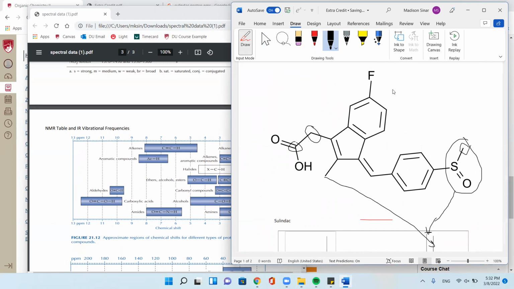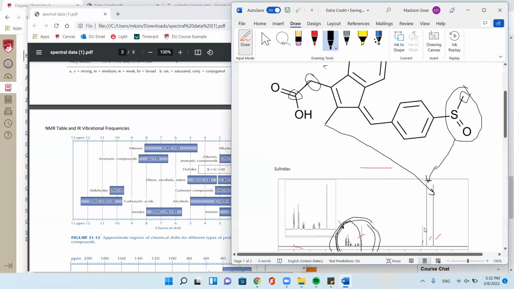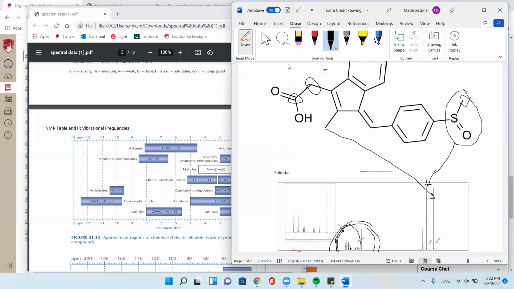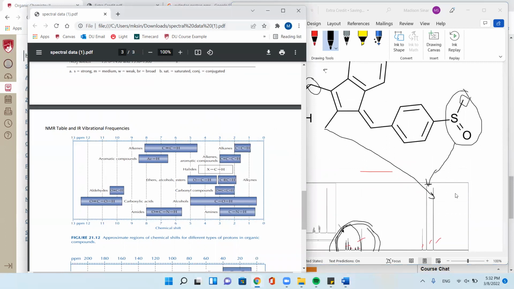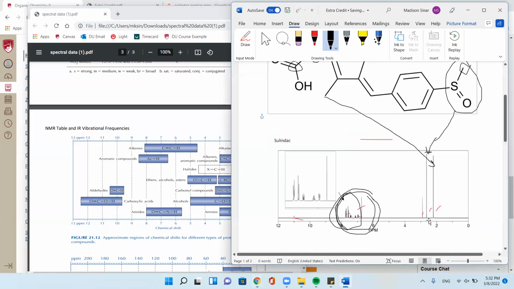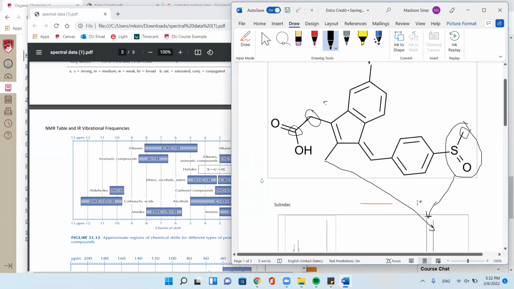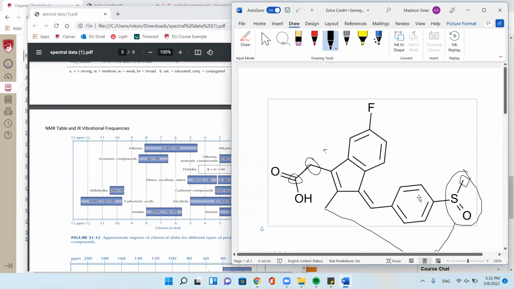They don't show up very well, so we're going to ignore that fluorine. But this other sulfur-carbon bond will likely be this last CH2. It's going to be a little bit more deshielded, a little bit more downfield, which is why it ends up being around this 3. So yeah, that's how we analyze compounds through NMR spectra data.